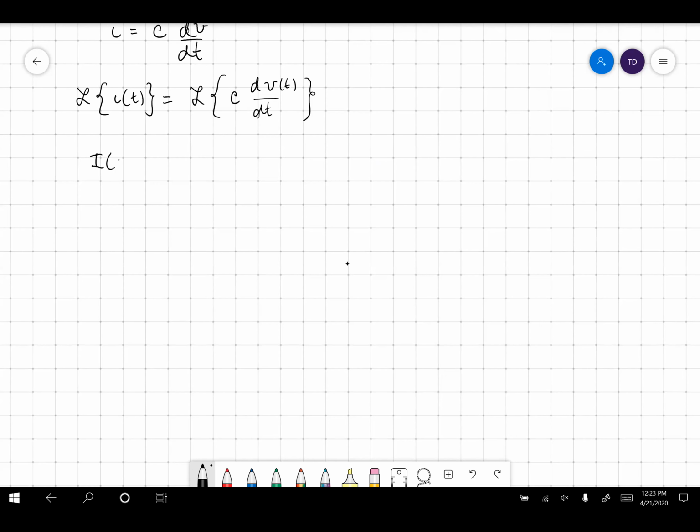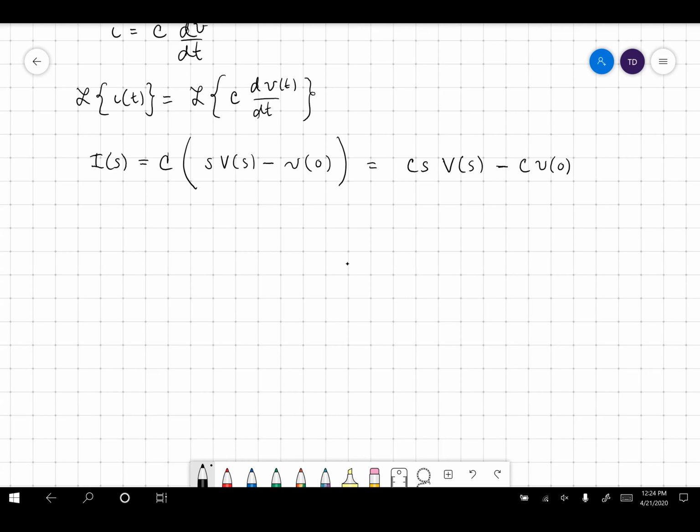So this is I of S, and I of S is going to be equal to C times S V of S minus V at 0. Expand that: C S V of S minus C V at 0.